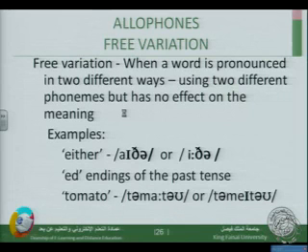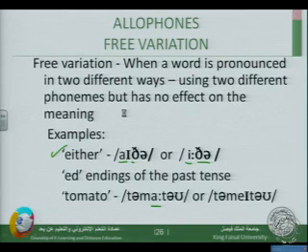We have something called free variation. Free variation means when a word is pronounced in two different ways using two different phonemes but it has no effect on the meaning. For example, this word is pronounced either, either. Notice, either or either, but is there a difference in meaning? No. This we call free variation. It is easy. If you read the slide again and look at the examples, it is easy. Also the ed ending of the past tense, like tomato.